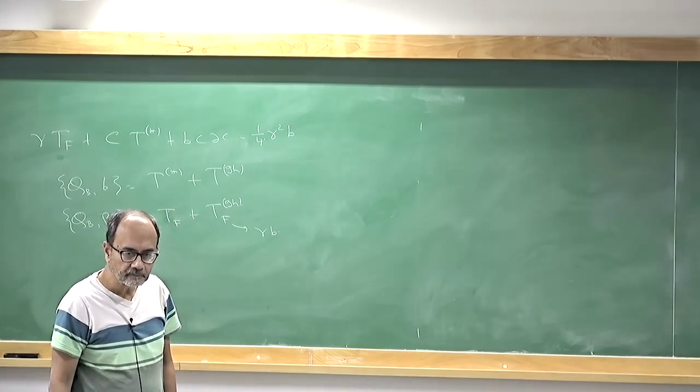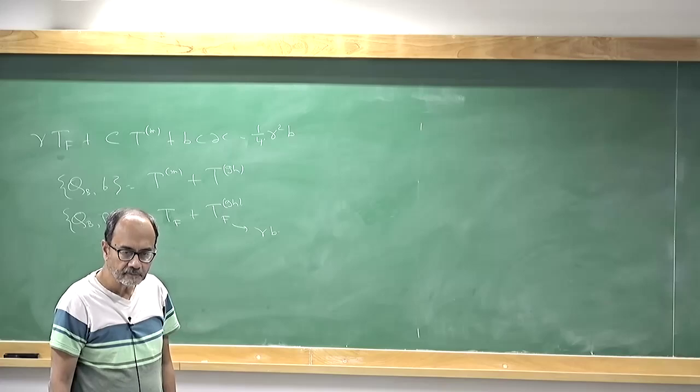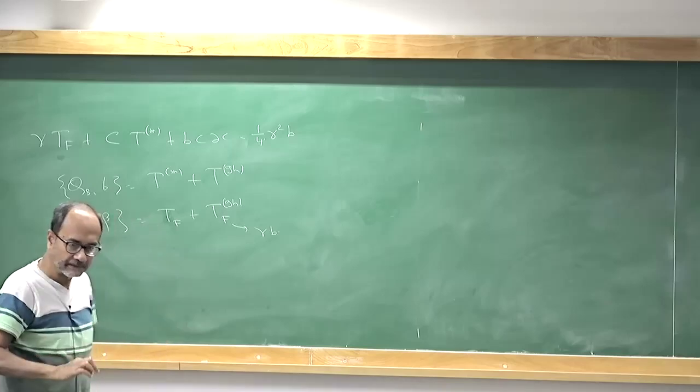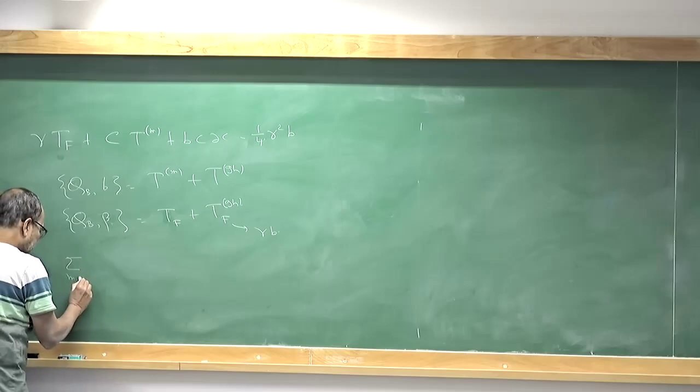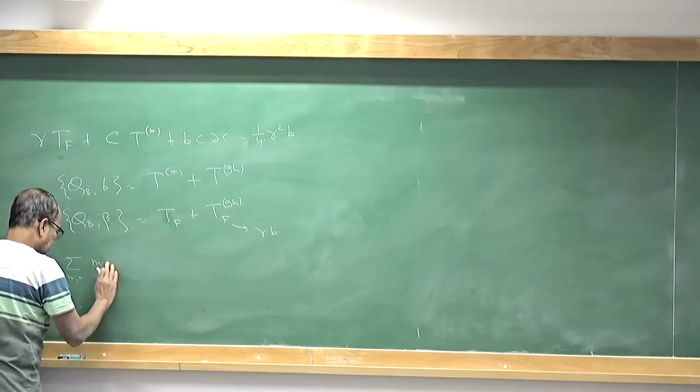Like last time, where we just wrote down the mode expansion, we had a sum over m and n, B m minus n, something like this.